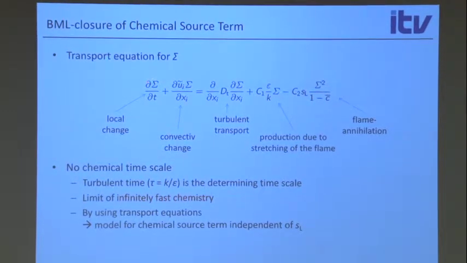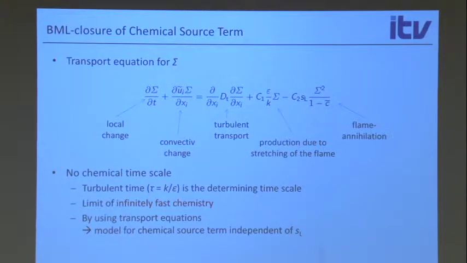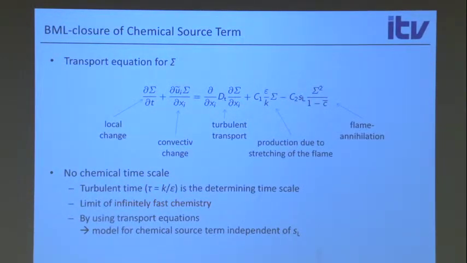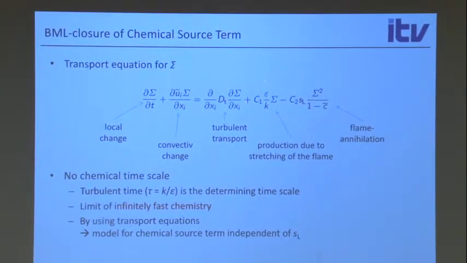So this here is kind of empiric, similar to the epsilon equation in a sense that it just has these convective transport here, a turbulent transport, and then it just has a production term here, which is proportional to epsilon over k, and it has a dissipation term which is proportional here to sigma squared.